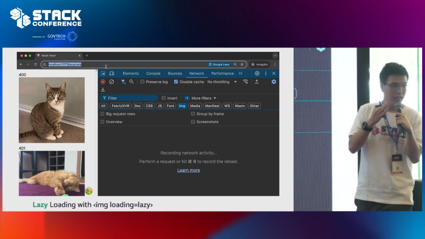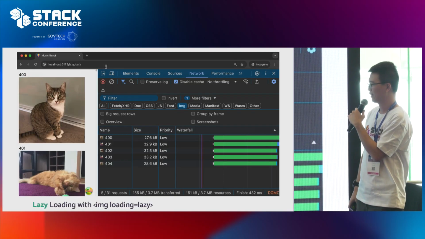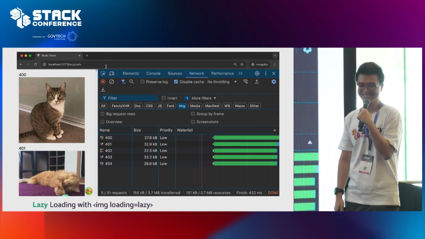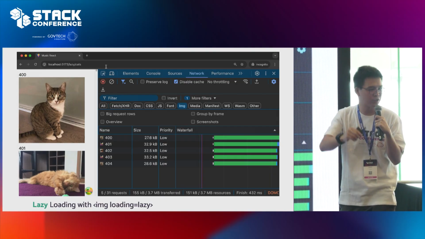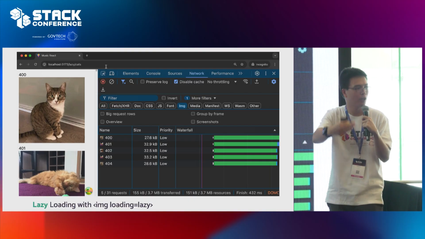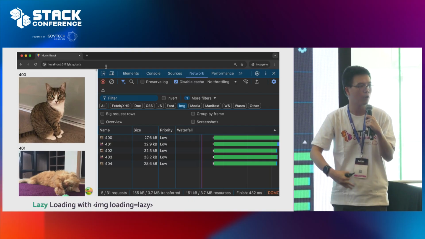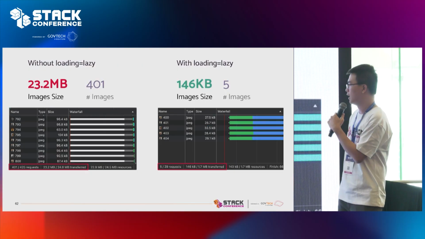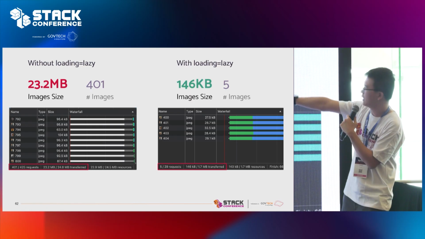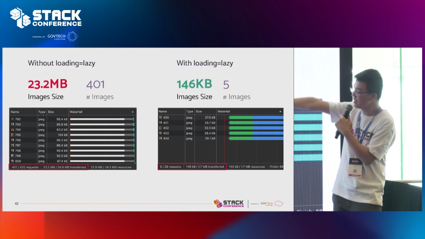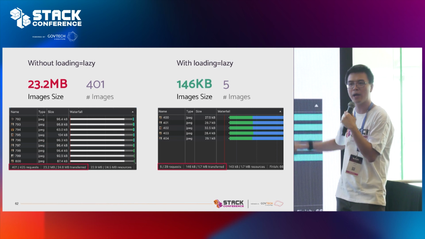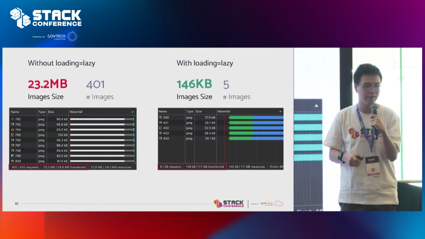But with lazy load image, only 5. As you're scrolling, the images are loaded gradually instead of all at once, eagerly. So we compare it: it's like 20 megabytes versus 100-something kilobytes initially. That is a huge save.